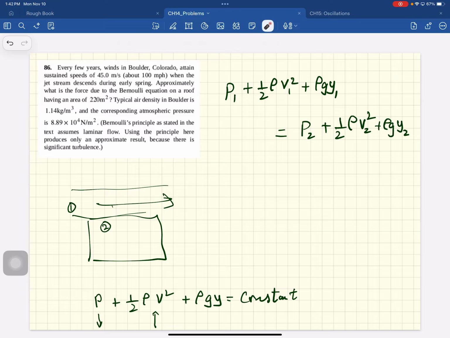Rho is the density of air, and Y1 and Y2 are roughly the same, so we'll cancel this. That contribution will be very small.